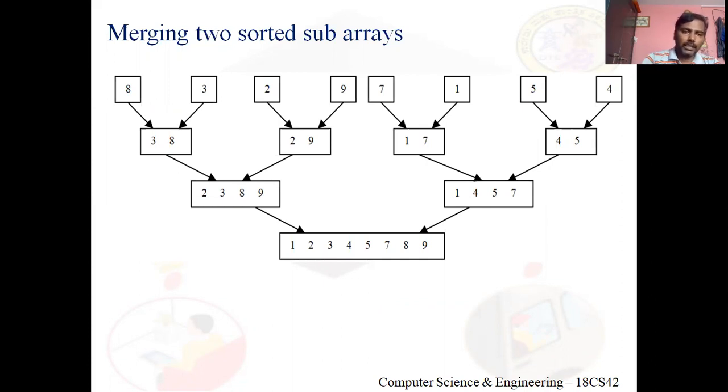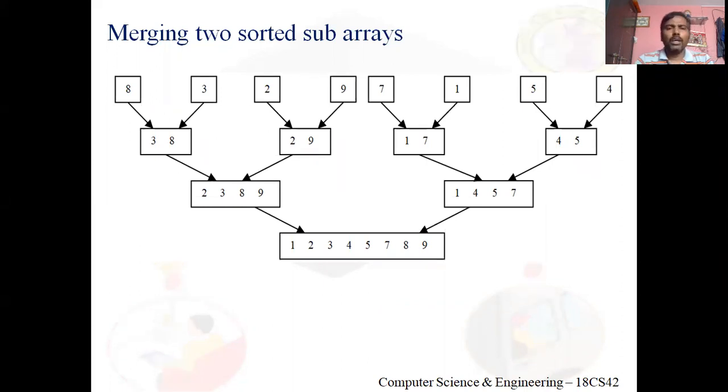First case: 2 subarrays of one element, one array with 8 and the other array with 3. Now while combining, I should get a sorted one. So 3 should come before 8. So 3 8.